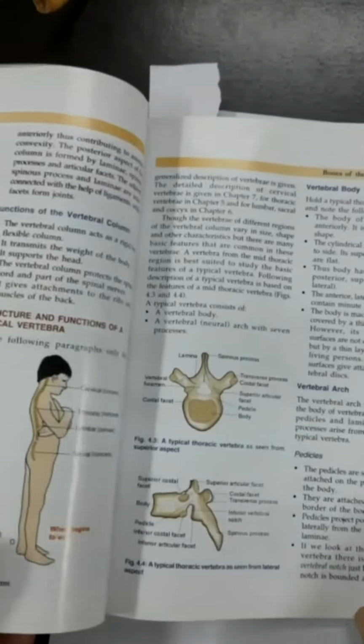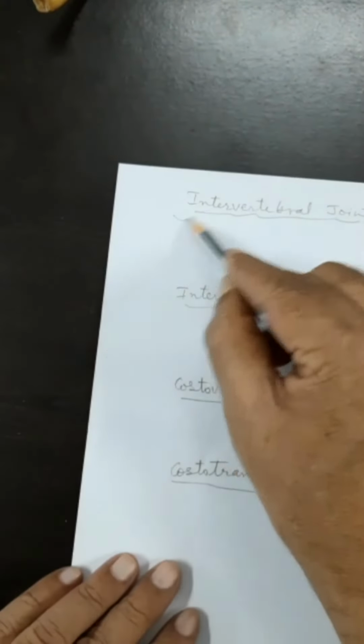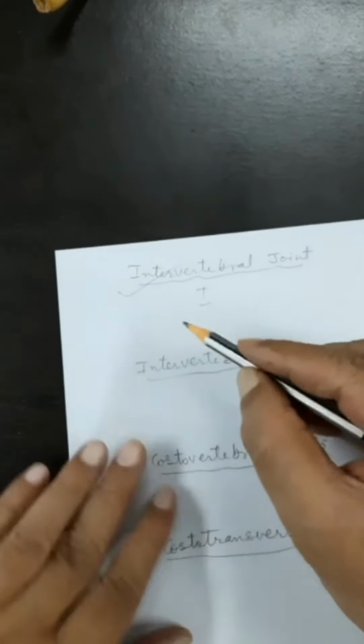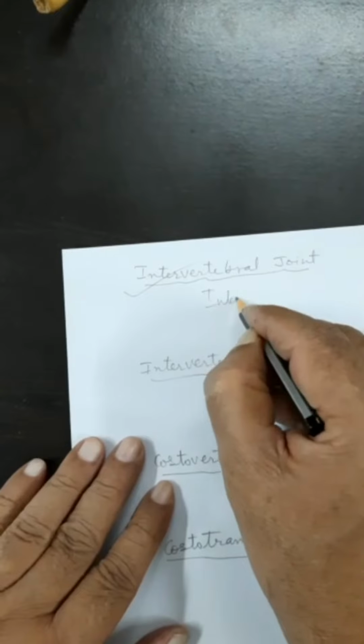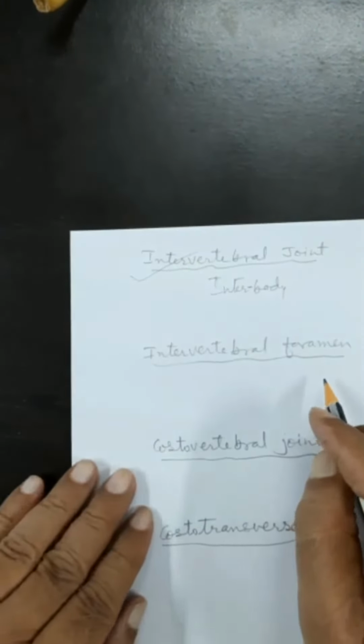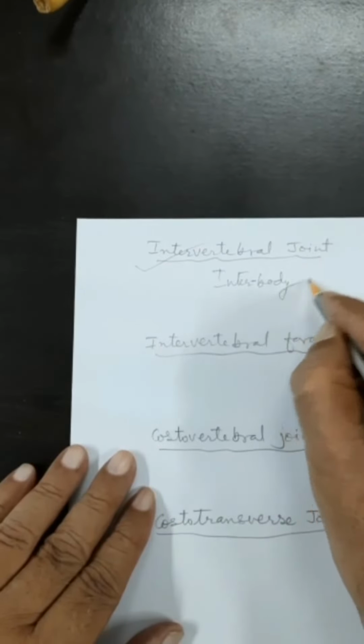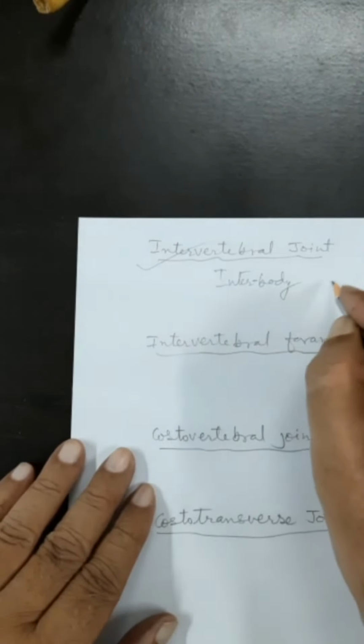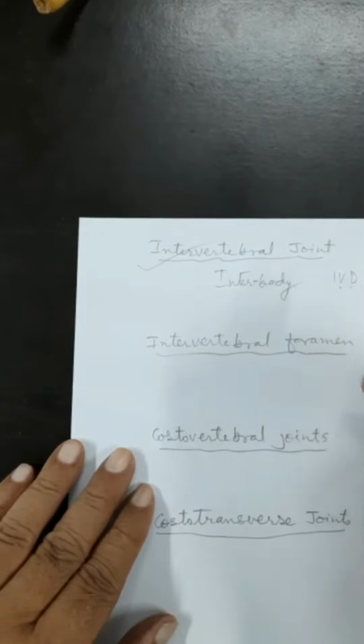Let us see if I can get a diagram. No, it's not here. Anyway, so these are the three joints of the intervertebral joint. Which was the first joint? Interbody, that means between the two bodies, through the intervertebral disc.